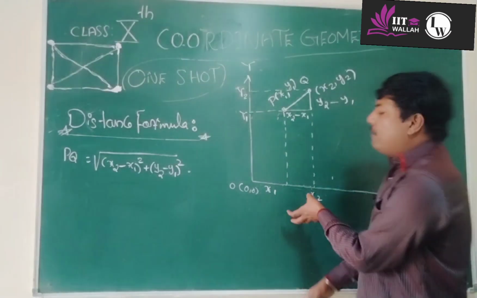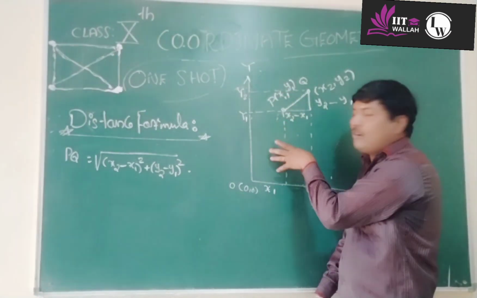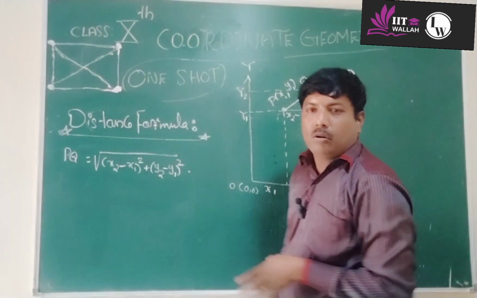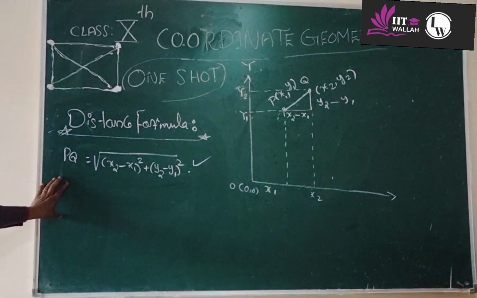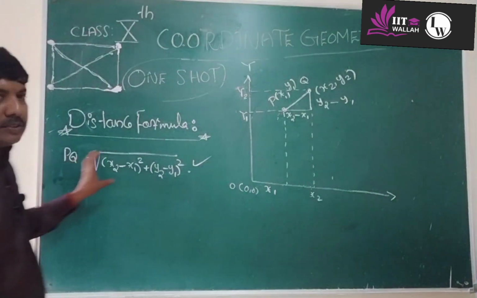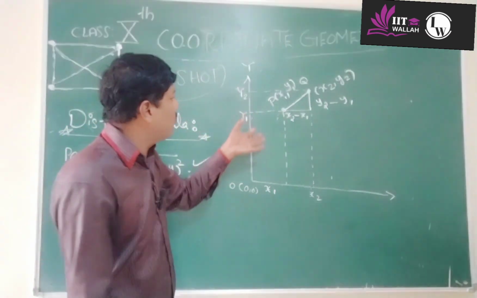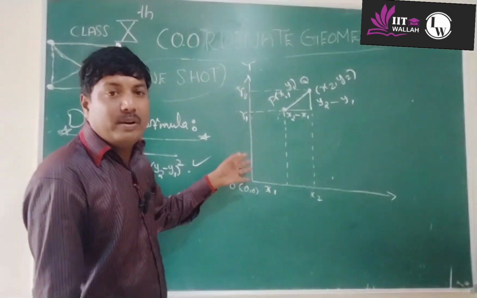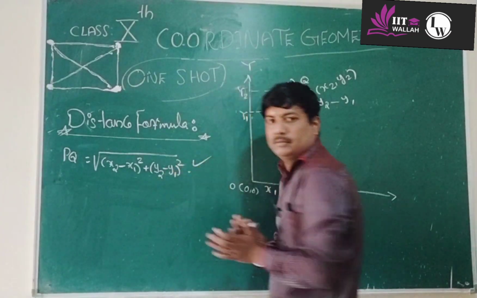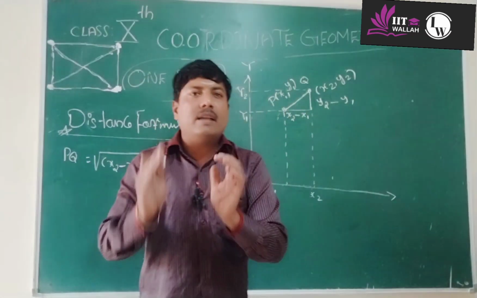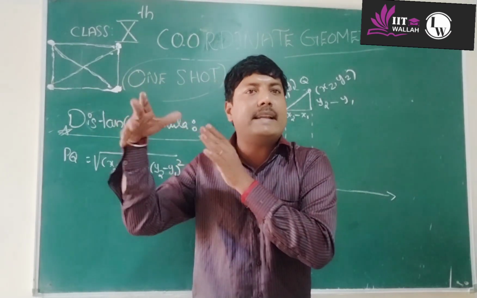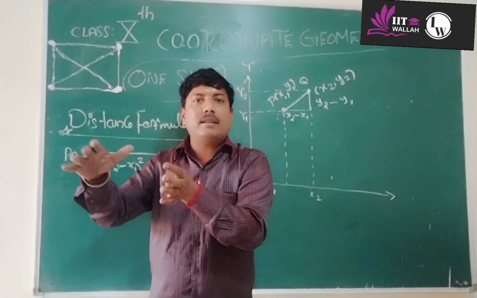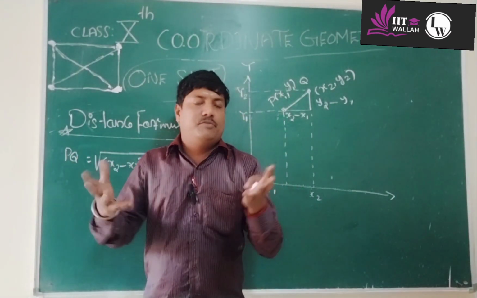In the exam they will not ask you to show how the formula comes, but you need to understand this formula very clearly. Then only maths will become easy. If something is not understood, that part will not feel easy.